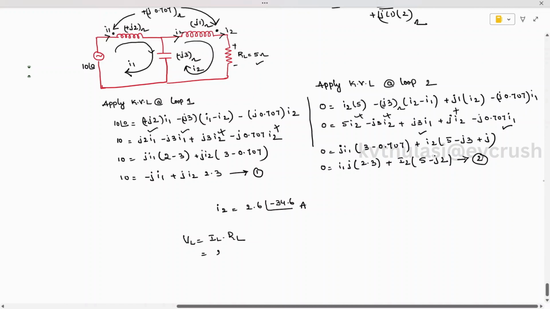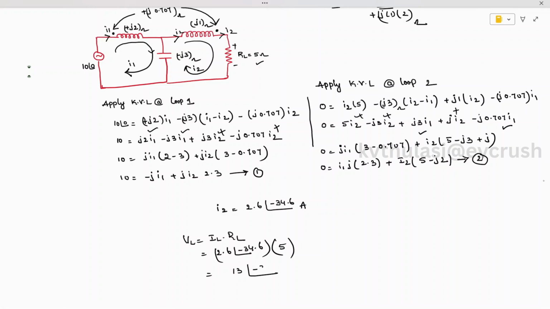So the IL value is 2.6 at an angle of minus 34.6 multiplied with the resistance value of 5. When you multiply this, you are going to get 13 at an angle of minus 34.6. So this is the voltage generated across this load, approximately 13 volts.